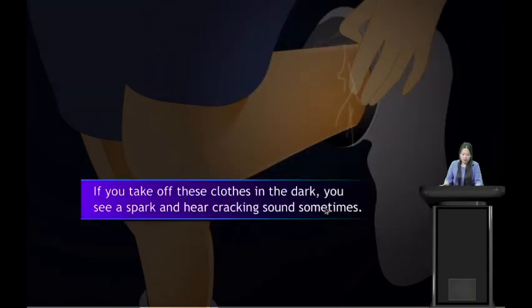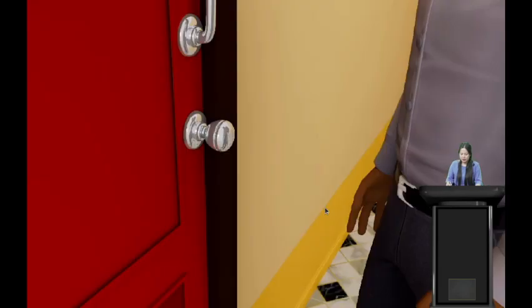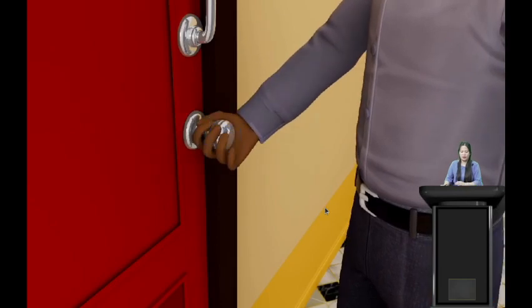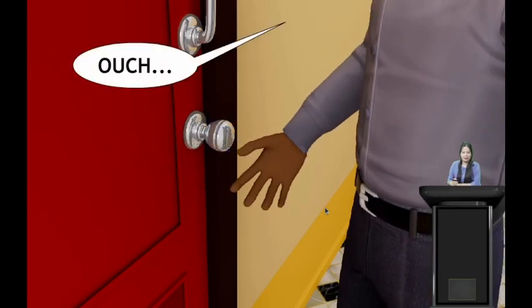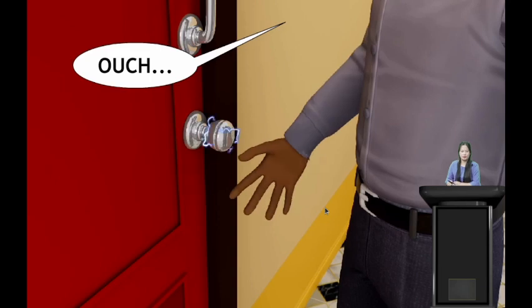If you take off these clothes in the dark, you see a spark and sometimes hear a cracking sound. Or sometimes, when we touch the knob of the door, you will get a shock. Have you ever experienced this? Or sometimes when you touch the railings of your home, you get a mild shock.